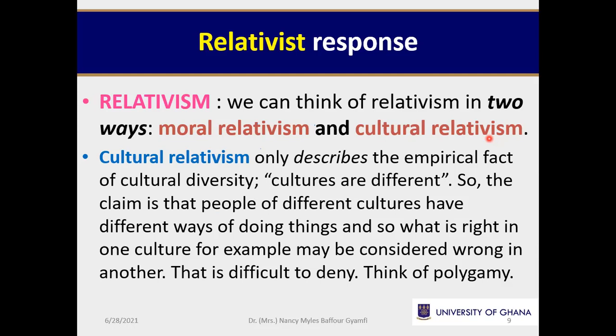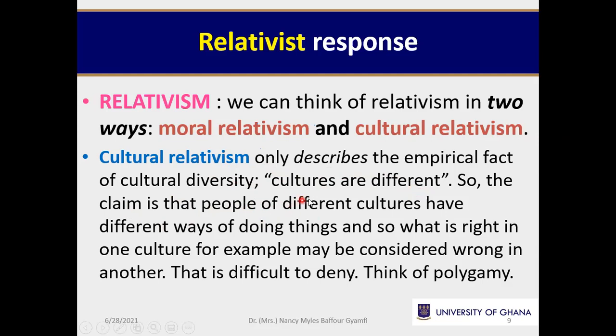So there are two ways of understanding relativism. There is the cultural relativism view, and then the other one is the ethical, or if you like, the moral relativism view. What's the difference? They are all supposedly reacting against what? Universalism. Cultural relativism only describes the empirical fact of cultural diversity.